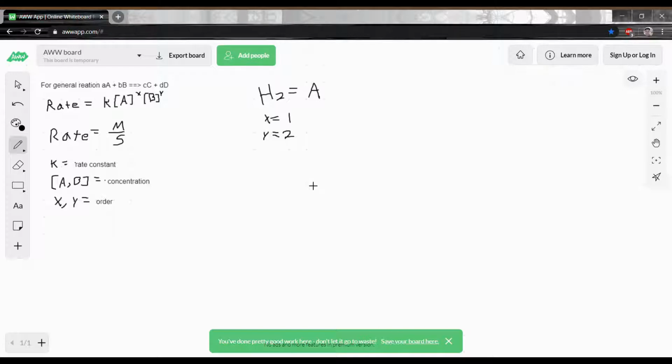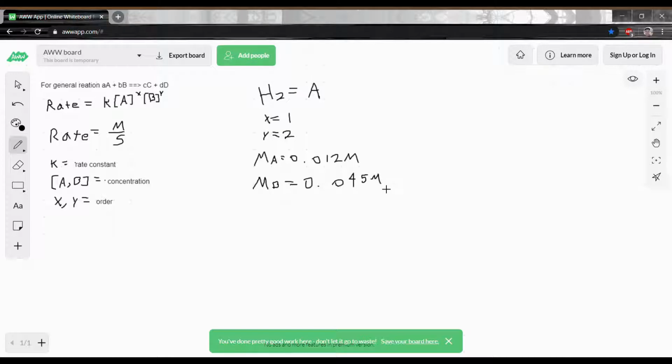We're told that the concentration of H2, I'm going to go ahead and just write it as capital MA, the concentration of A, our first reactant, is 0.012 molarity. And the concentration of our second reactant, B, is equal to 0.045 molarity.